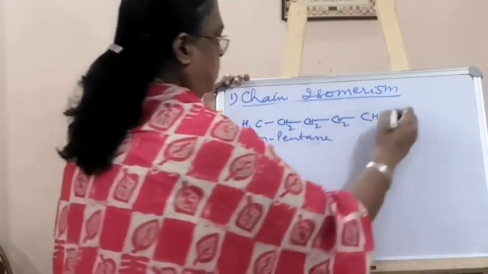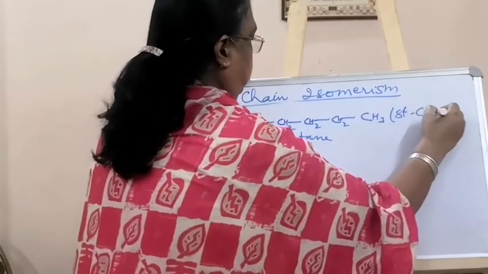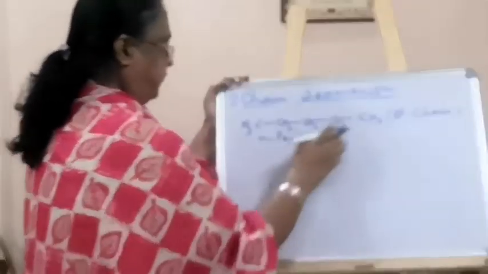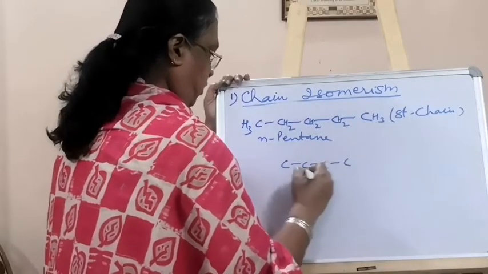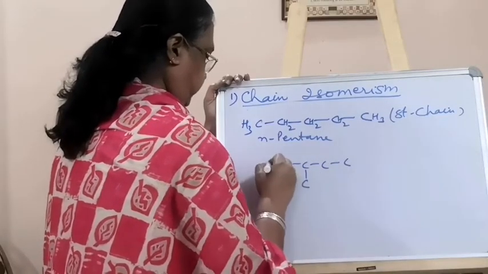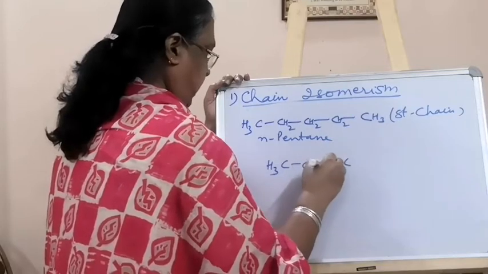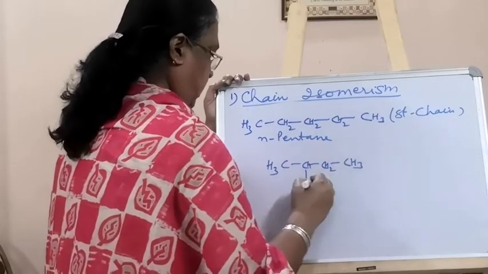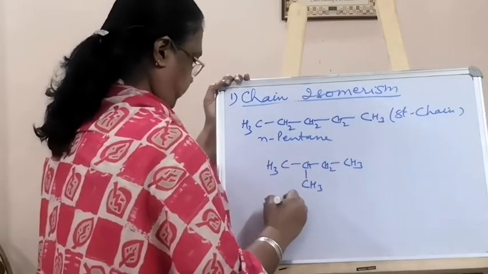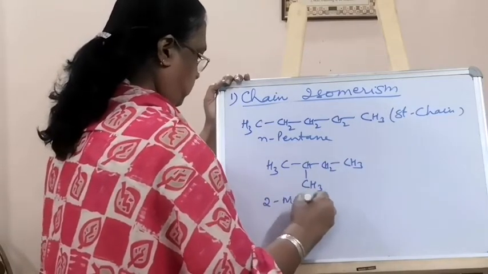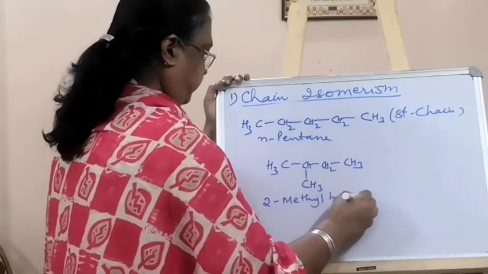Okay, this is a straight chain isomer. If you reduce carbon and you come down to 4 and 1 you branch, so you will have CH3, 2-methyl butane.